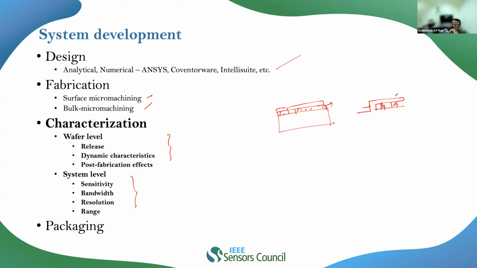My structure is completely stuck at this position, because whenever we come down to the micro scale, surface effects overtake the volumetric effects, correct? Surface tension is actually a surface effect. There are water molecules over here, and because of the surface tension, the top electrode will come and stick onto the bottom electrode.